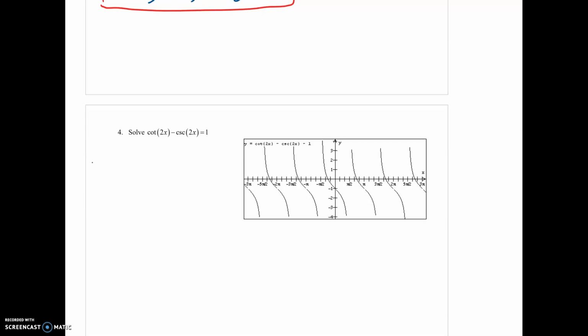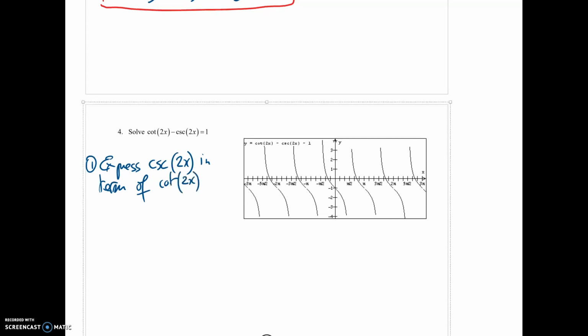So step number 1 is express cosec of the angle 2x in terms of cotangent.